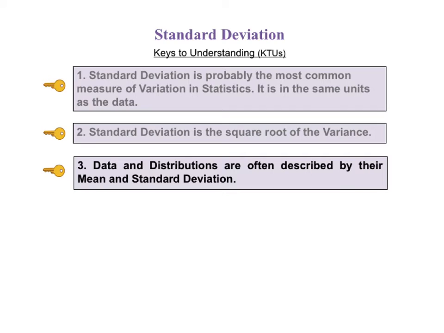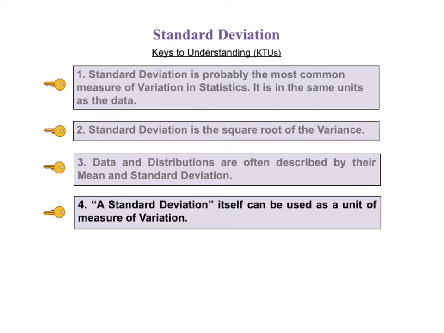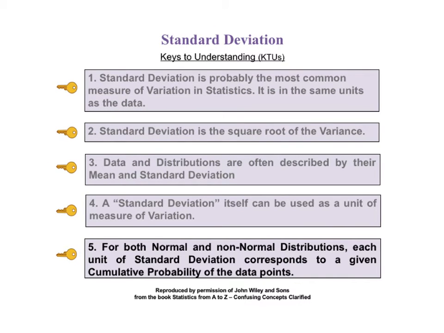The third key says data and distributions are often described by their mean and standard deviation. The fourth key says a standard deviation itself can be used as a unit of measure of variation. The fifth key says for both normal and non-normal distributions, each unit of standard deviation corresponds to a given cumulative probability of the data points.